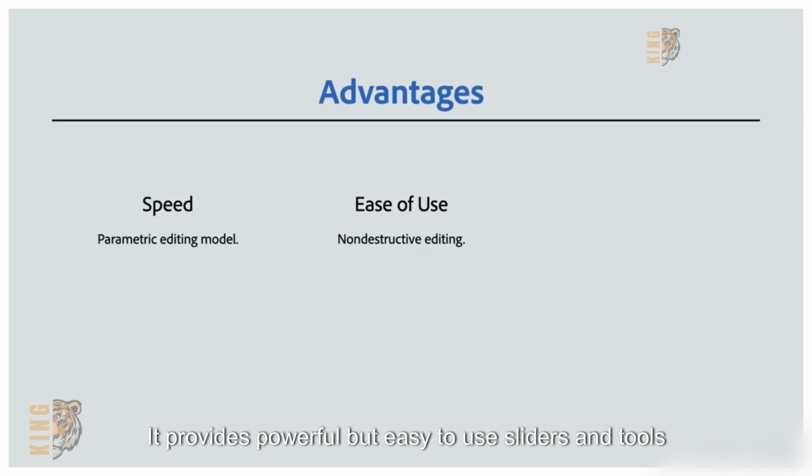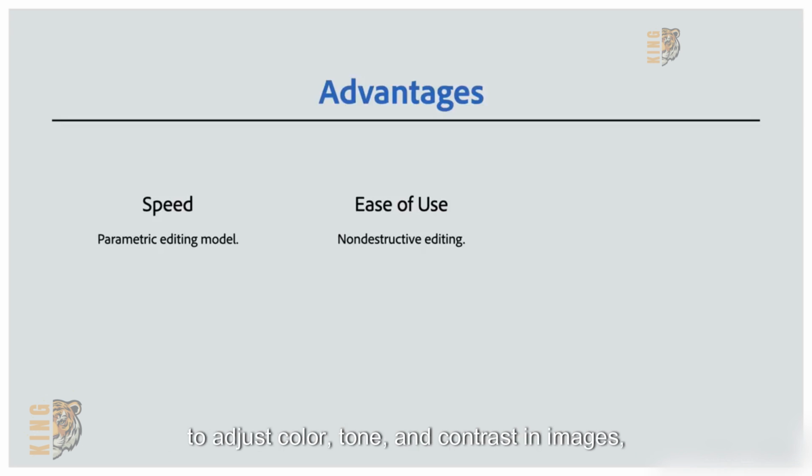It provides powerful but easy to use sliders and tools to adjust color, tone, and contrast in images, both globally to the entire image or locally to a selective area using masking. Most adjustments can be made by simply selecting a preset, a profile, or by moving a slider, and they can be refined and re-edited as often as needed.